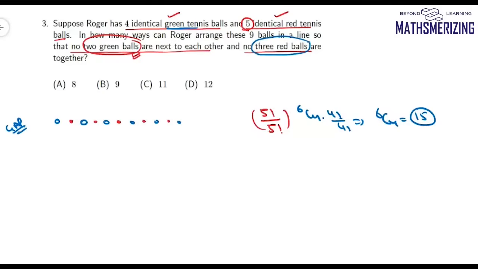So we look at the arrangement again. This is 1, 2, 3, 4 and 5. Now we need to place green balls. If I place these green balls such that 1, 2, 3 and 4, in this case we'll have 3 red balls together, or I can place them as 1, 2, 3, 4 and another one.